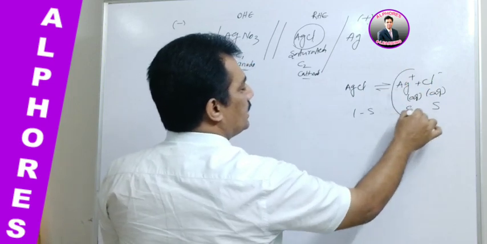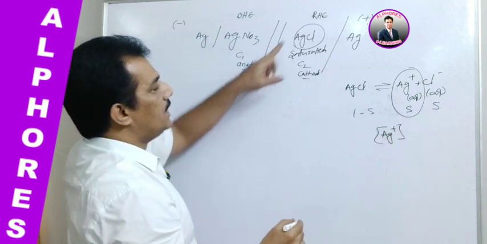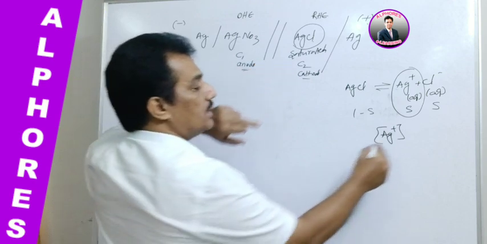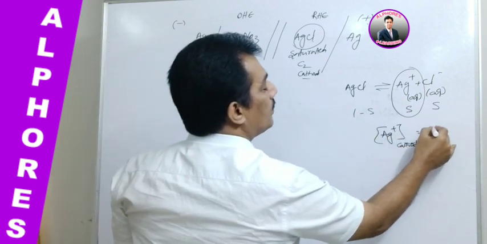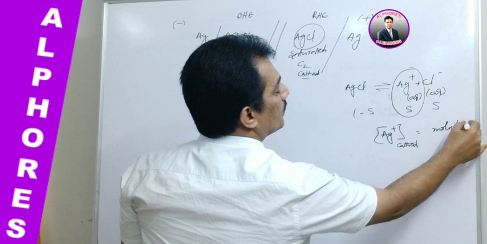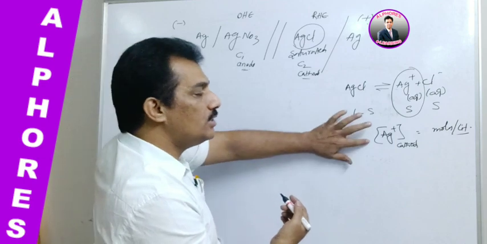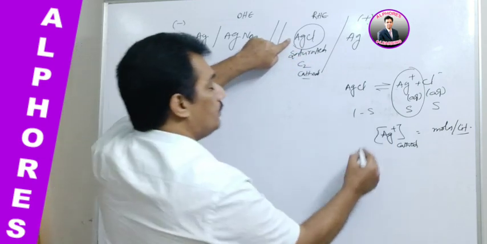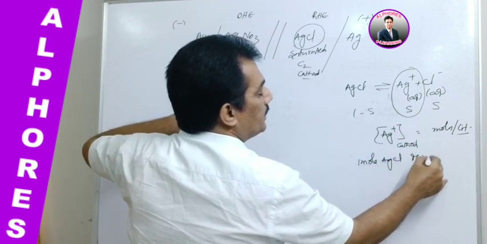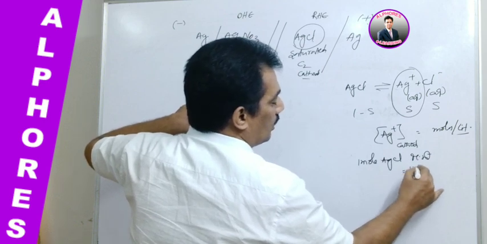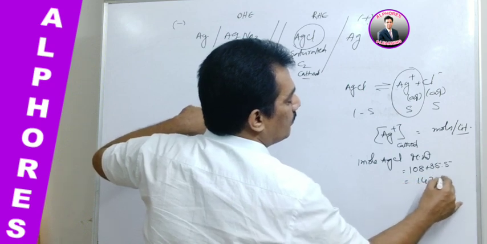And now once we get this S value, that is the Ag plus concentration, here as AgCl is taken in the cathode, we can say Ag plus cathode concentration, which is in moles per liter. Is it not? The sparingly soluble salt is AgCl, so we can consider 1 mole AgCl, molecular weight equal to 108 plus 35.5, that is 143.5 grams.